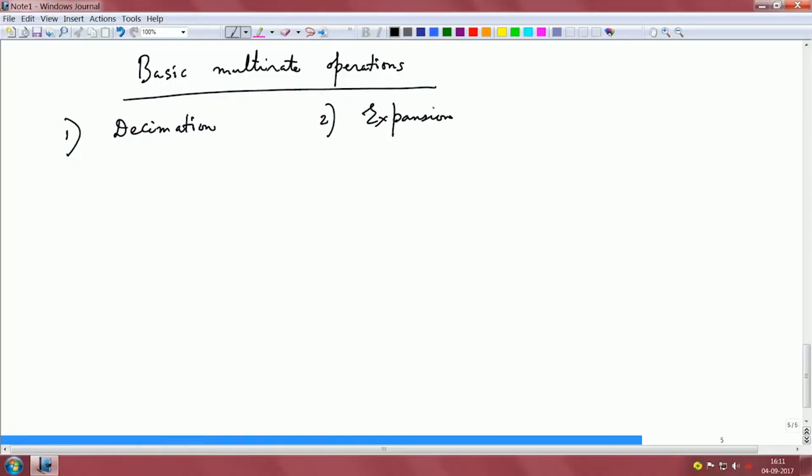Then we have this expansion, which is we are upsampling or we are increasing the sampling rate by again an integer amount. Okay. Now, if I want to get a rate of say 1.5 conversion, 1.5 is 3/2, right. That means I can reduce the rate by half and increase the rate by 3. I mean decimate by 2 and expand by 3, and that might give me the rate that I need, right.